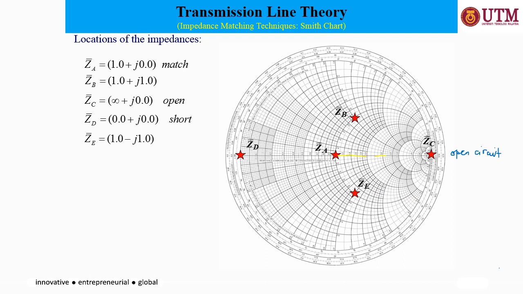And if you have the negative or imaginary part, or reactance, ZE, the admittance will be in the opposite of the impedance. Okay, for match position, the admittance and impedance will be at the same point and it is matched.